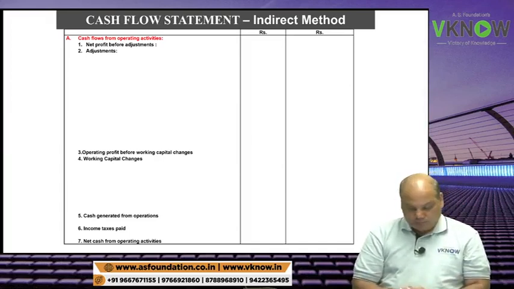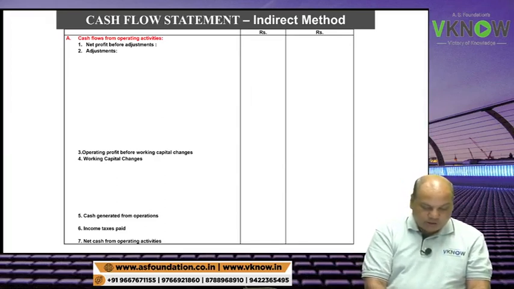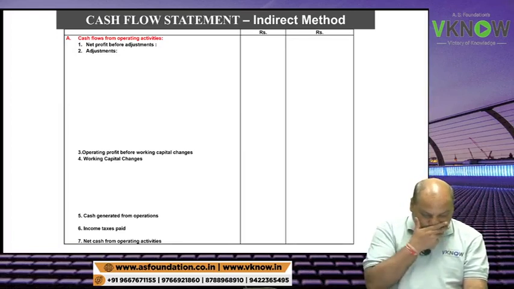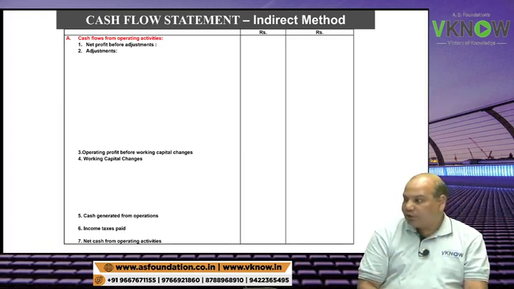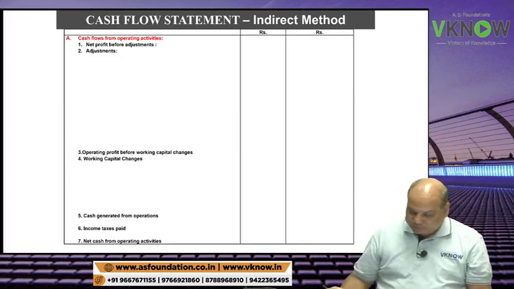Point number one, net profit before adjustment. Point number 2, adjustments.